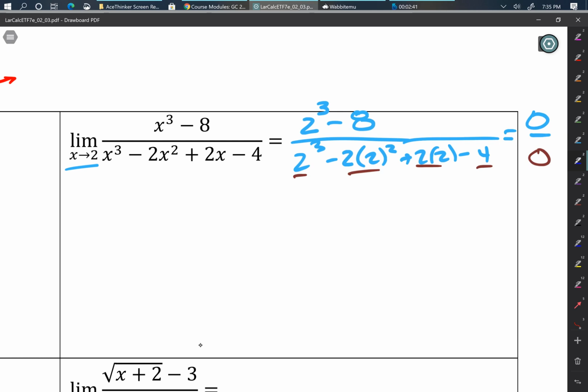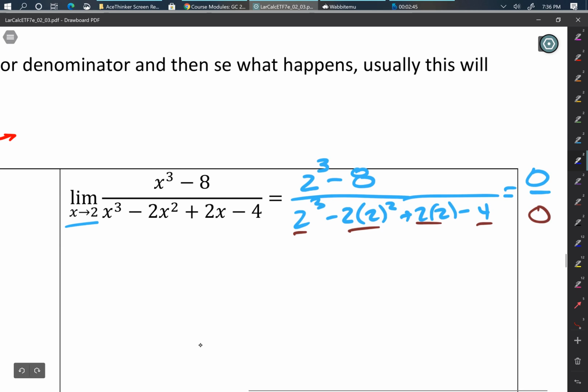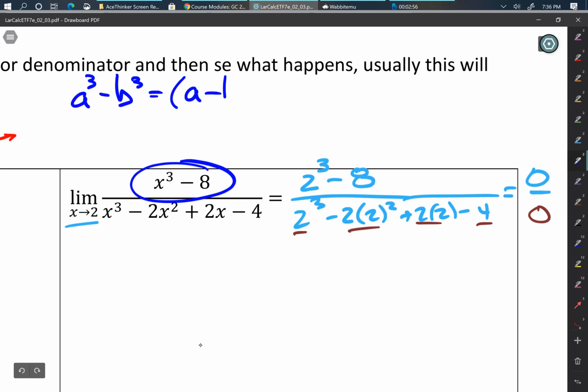Now, this one might be a little bit harder to see, but I'm hoping you see that the numerator is the difference of cubes and is factorable. Do you remember the difference of cubes? a cubed minus b cubed is equal to a minus b times a squared plus ab plus b squared.